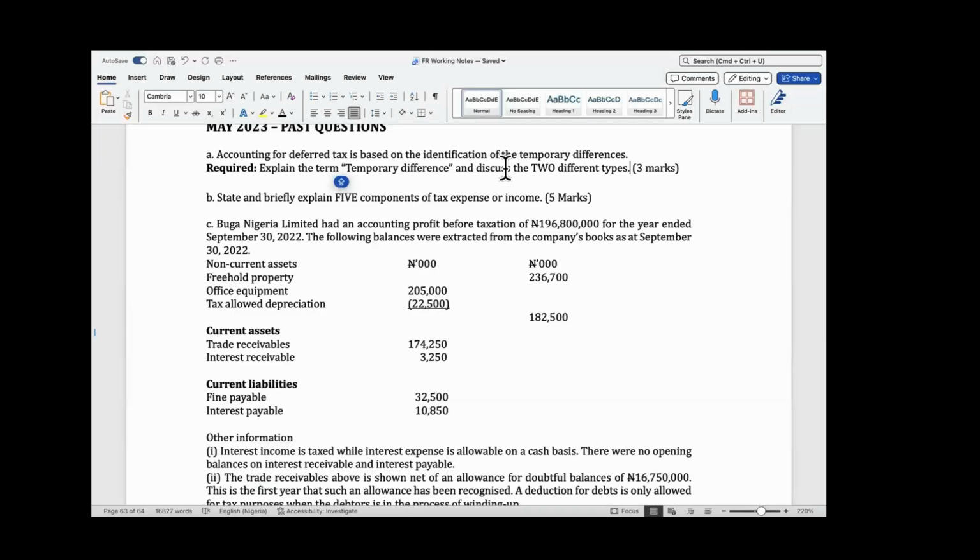That means you're going to get more deductions in the future. But a taxable temporary difference will result in paying additional tax in the future, and that's one where the carrying amount of an asset is higher than its tax base. In this case, you'll be getting less deduction, resulting in you paying more taxes in the future.